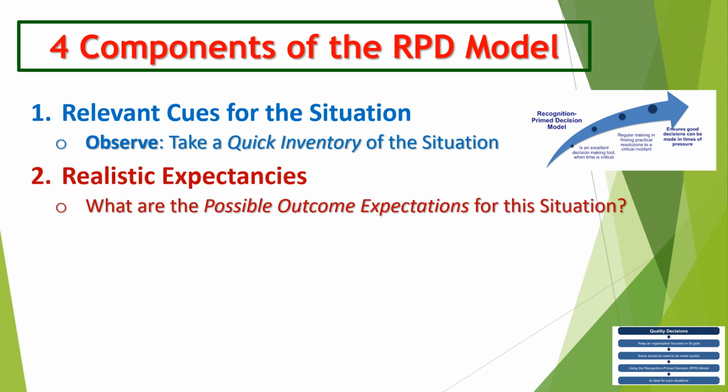Number 2, you have to set some realistic expectations or expectancies. What are the possible outcome expectations for the situation? If you walk into a bank and it's getting robbed, do you happen to have your concealed carry permit and your gun on you? Are you going to be able to act with a firearm? Are you actually trained in an active shooter situation? Do you have your cell phone on you where you could call for help?